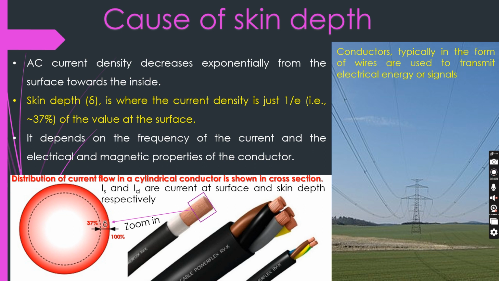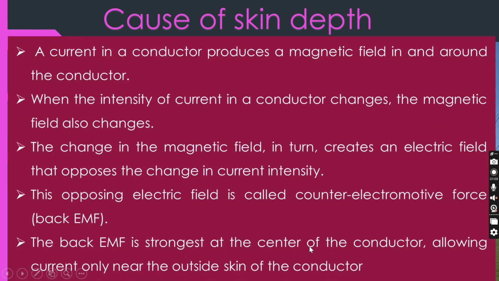It depends on the frequency of the current and the electrical and magnetic properties of the conductor. The distribution of current flow in a cylindrical conductor is shown here in this section. Further, what is the cause in terms of proper explanation? AC current in a conductor produces a magnetic field in and around that conductor.